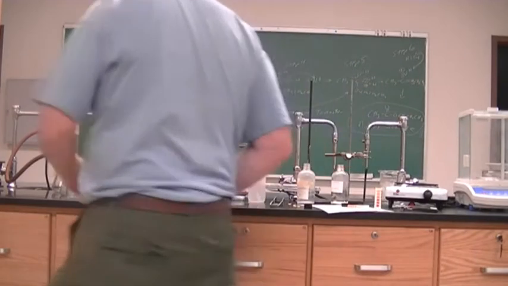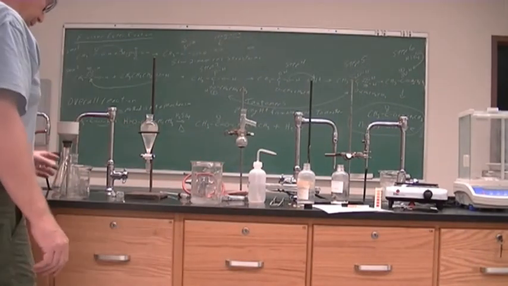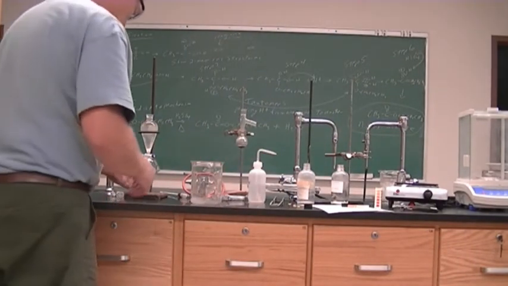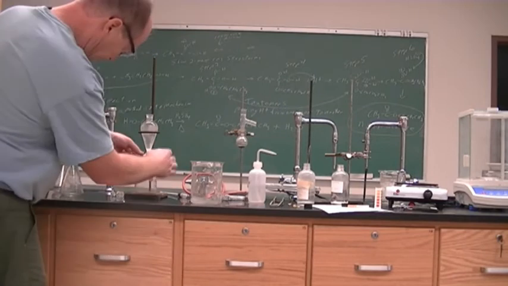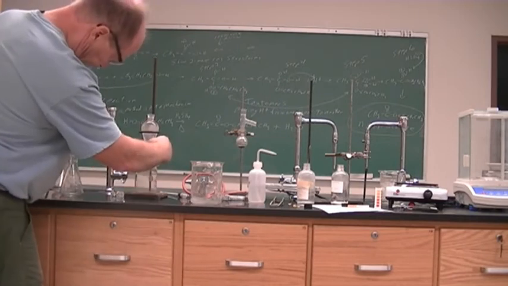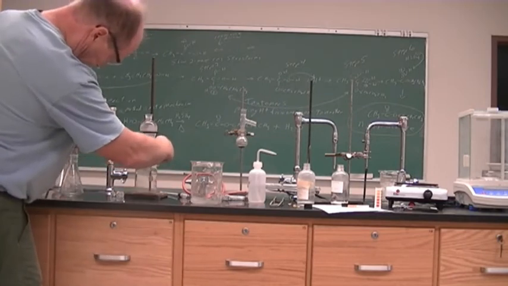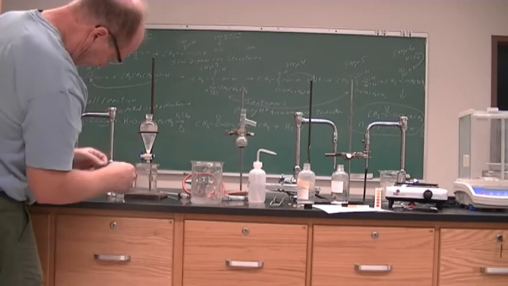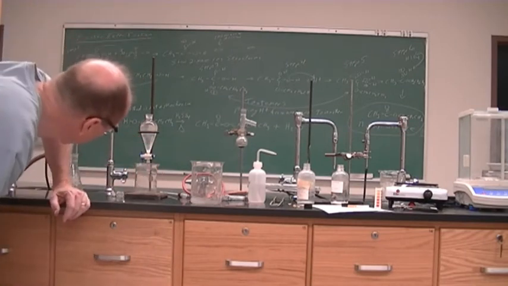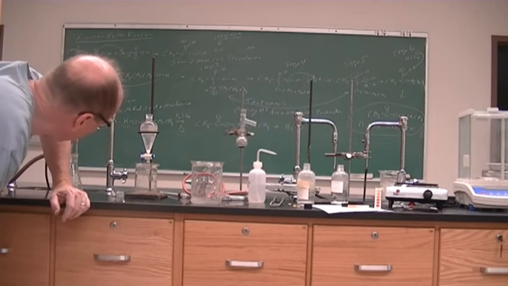Alright, so we want the top layer, we do not want the bottom layer. We're going to see if we clog this up. So the solid is not going to go through. We're going to need a new separatory funnel.